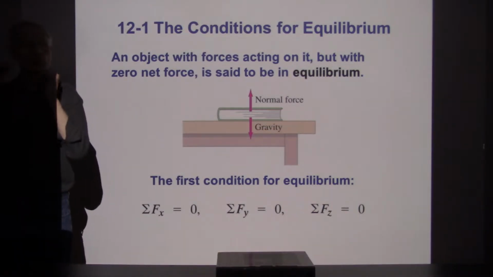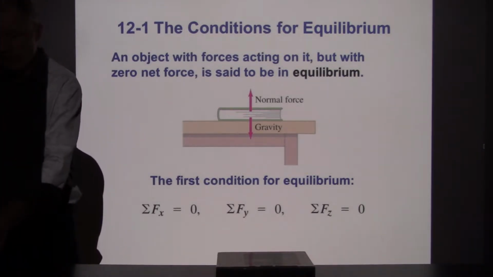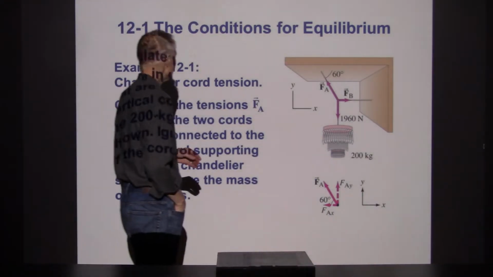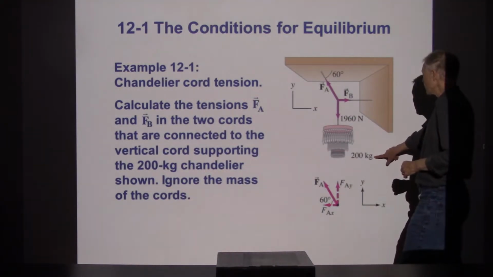We need to be able to do force diagrams very reliably and figure out how much force is required to make sure that things are staying in static equilibrium. So here's an example of that. Here is this chandelier. Now the chandelier is 200 kilograms.